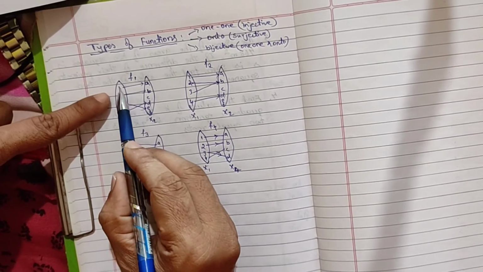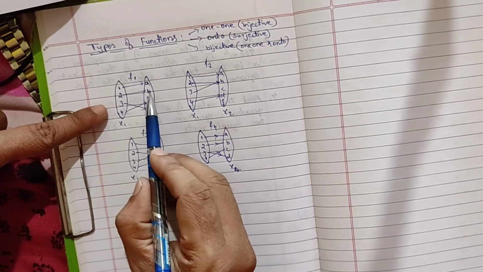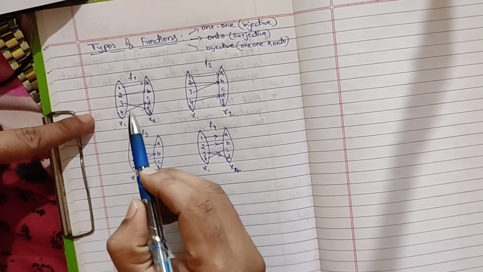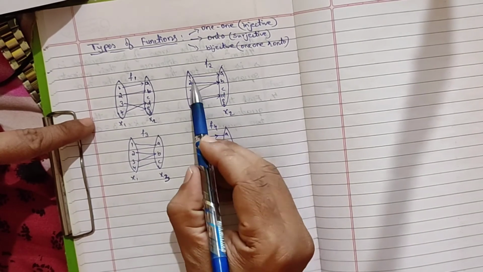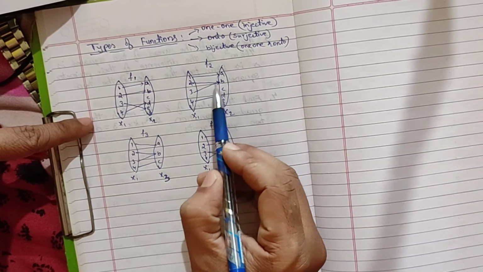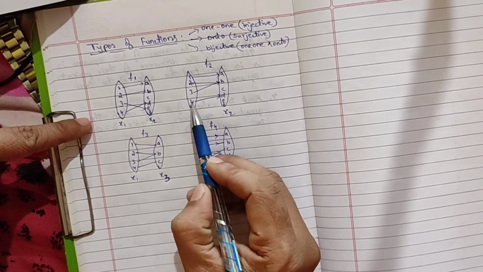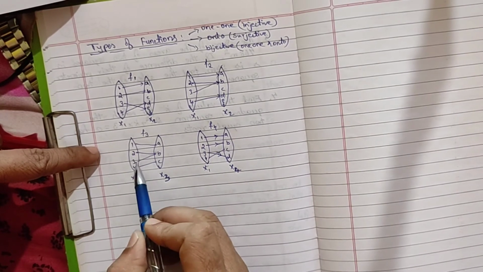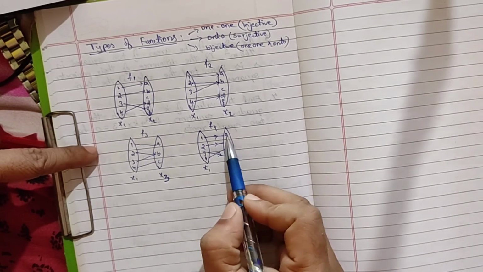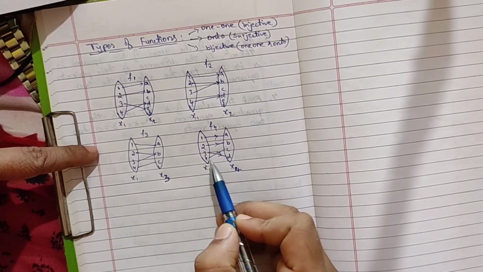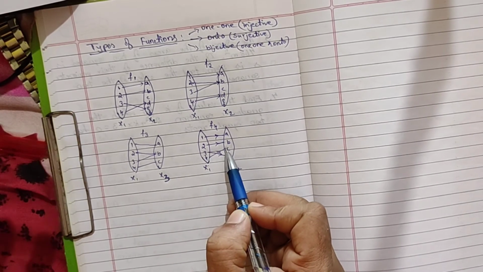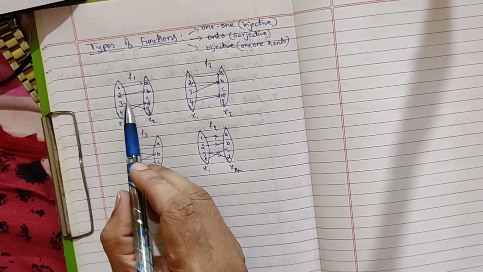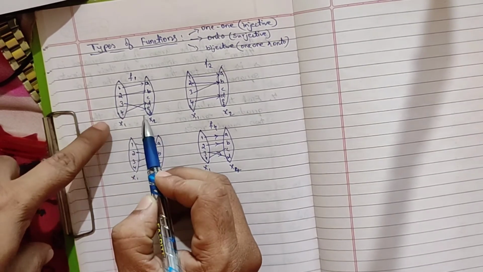Now here f1 is the function. You see 1 is related with a, 2 with b, 3 with e and 4 with d. Next, 1 is related with a, 2 with b, 3 is also related with b, and 4 with d. Then 1a, 2b, 3b, 4c. And 1a, 2b, 3d and 4c. So this function is called a one-one function.